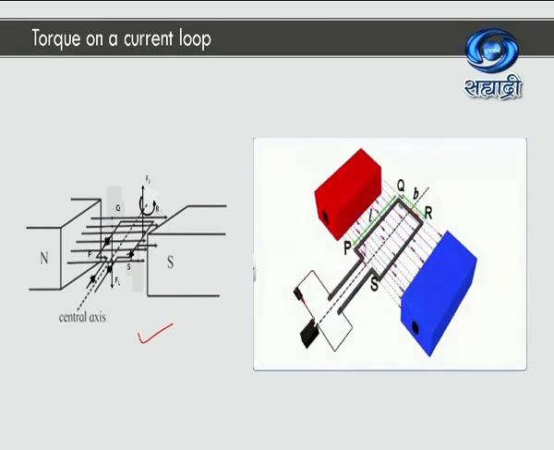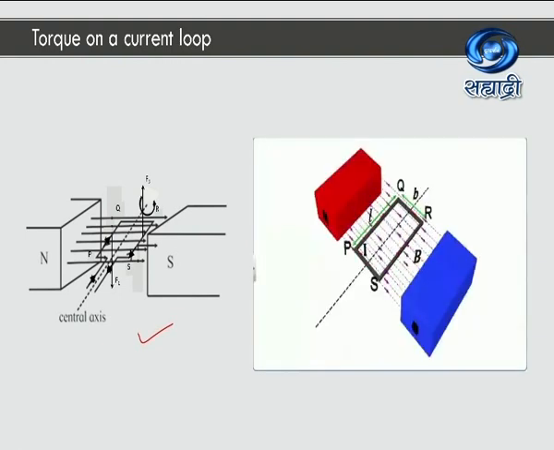We are going to connect the end terminals of this loop to a battery externally, and the arrangement is such that the rectangular loop PQRS can rotate about a central axis, which I have already mentioned in the left hand side diagram. Now, what is that force which causes rotational motion in this?